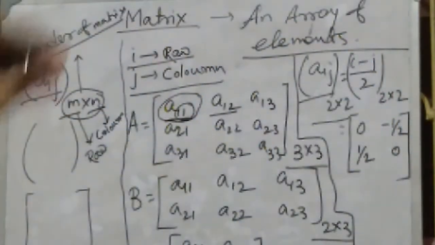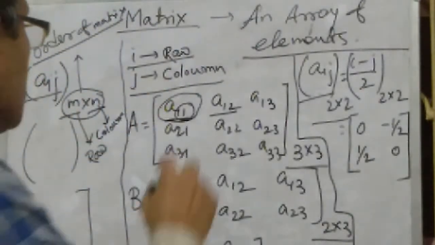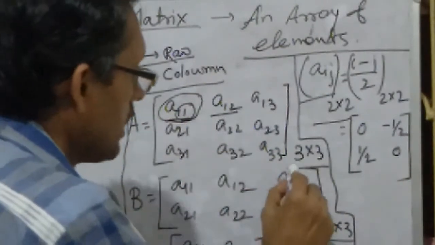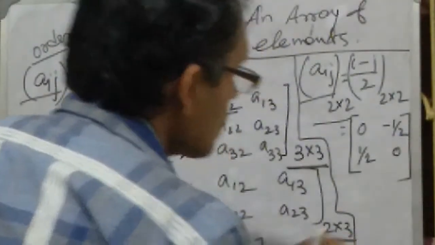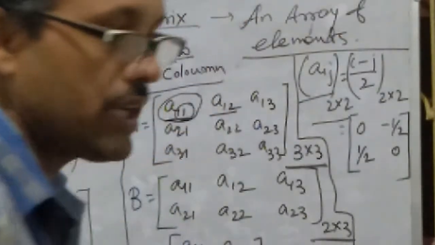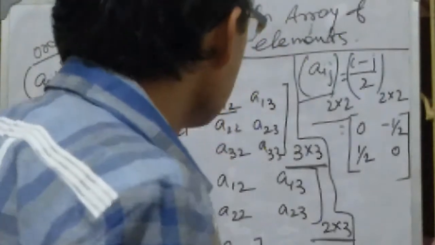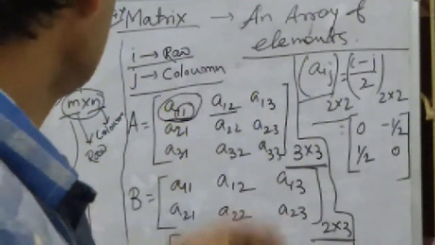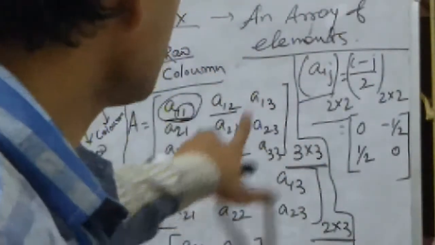Before we start, I would point out one more thing. This is a matrix where the number of rows is 3 and the number of columns is 3. This is a matrix where the number of rows is 2 and the number of columns is 3. Sometimes the rows can be equal to the columns, sometimes not. When the number of rows and columns are the same, we call it a square matrix.